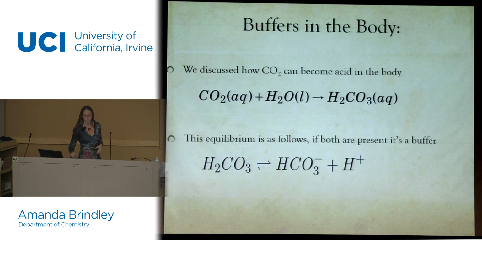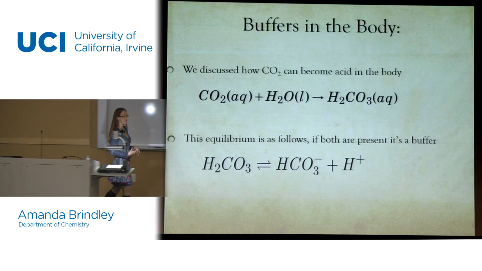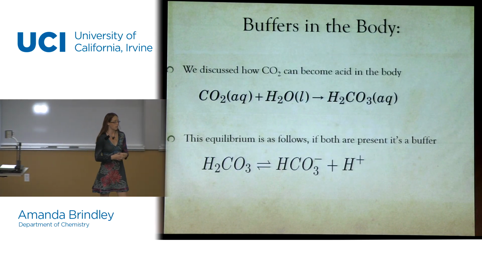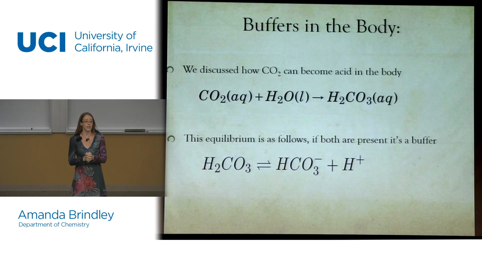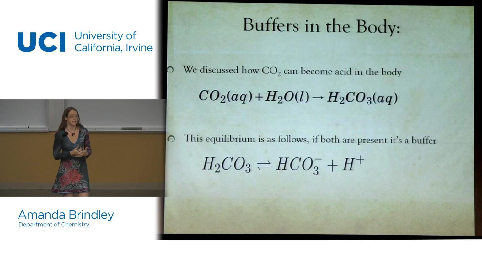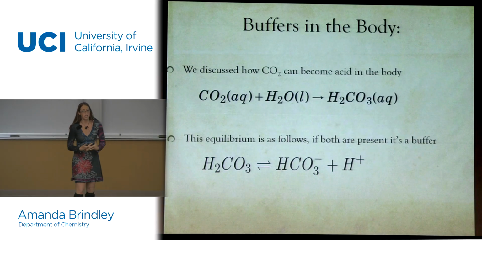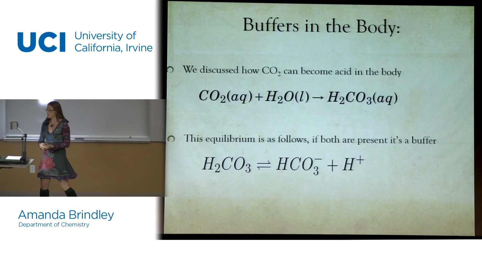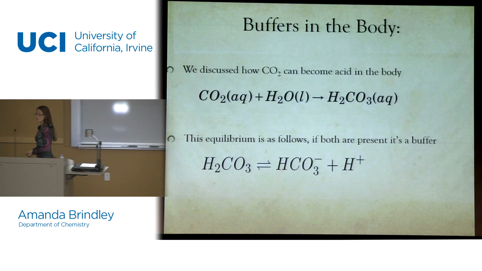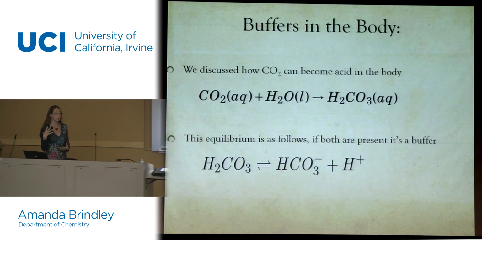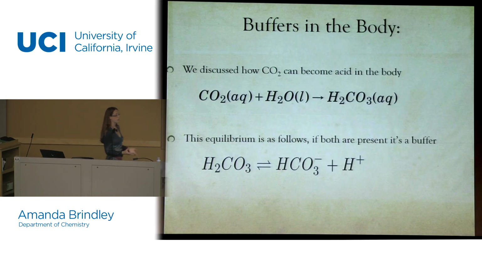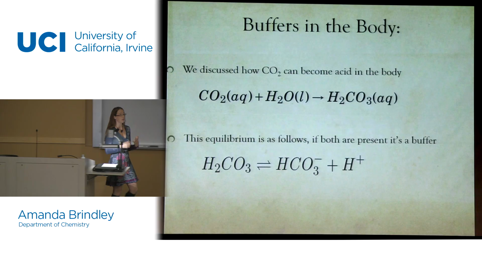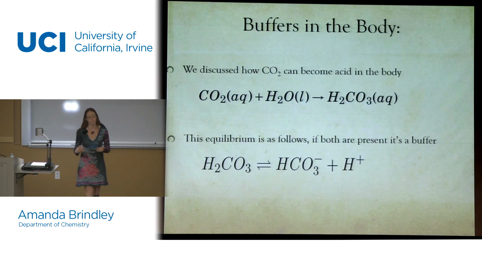We talked about how CO2 is an acid when we dissolve it in water. We also talked about how, if you want a buffer, you need an acid and its conjugate base. I mentioned that the way we control this in our body is through breathing, because we can control how much CO2 we have based on how much we keep in our lungs, whether you're breathing out every little bit of breath or holding some in.